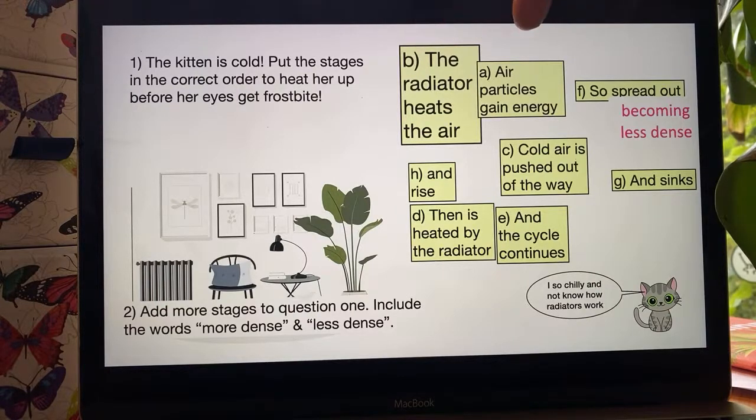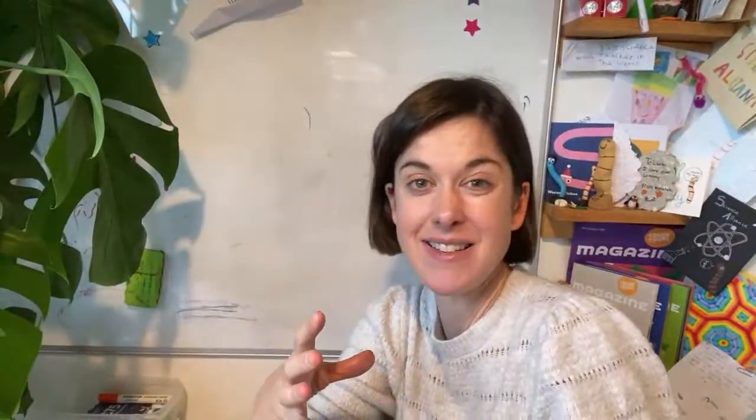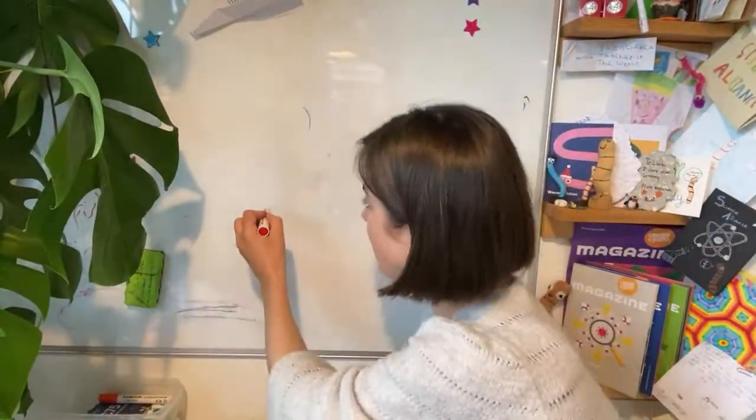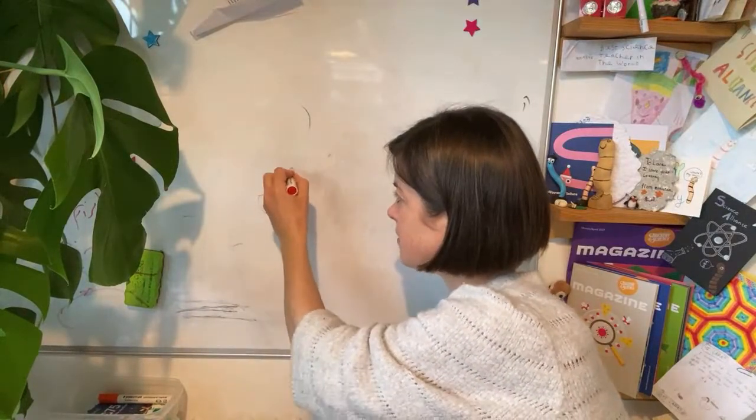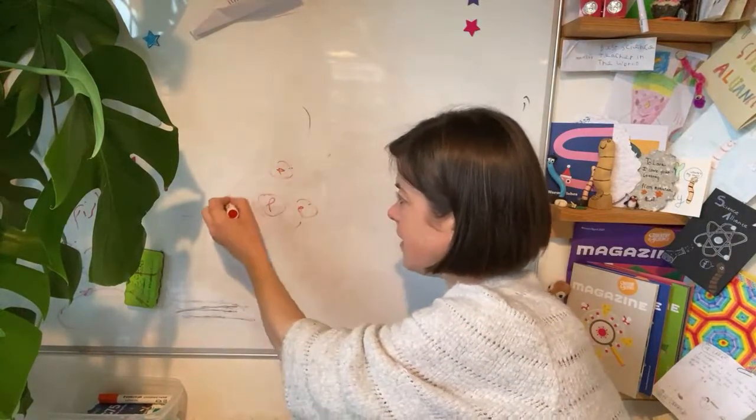The radiator heats the air, particles gain energy, so they spread out, becoming less dense. The mistake that I've made is, it's not the air particles that are becoming less dense. A particle of oxygen, say, is a proton with little electrons whizzing around the outside.